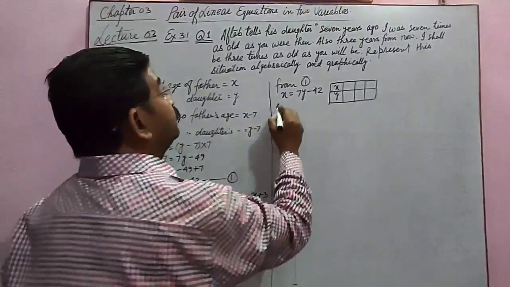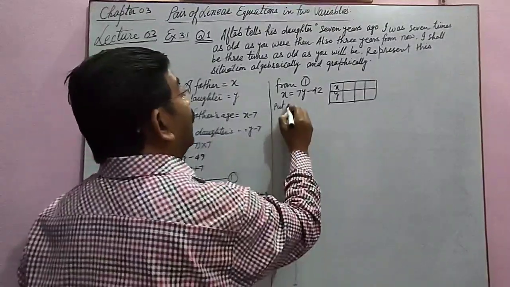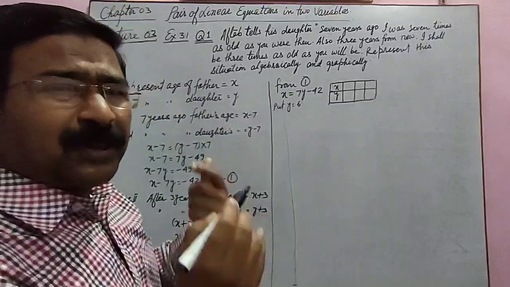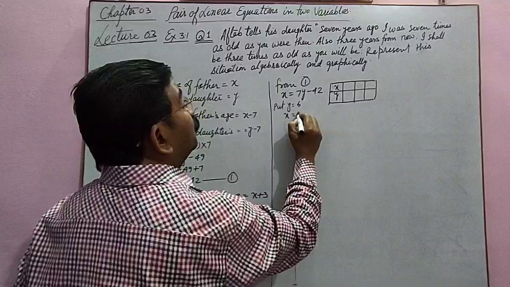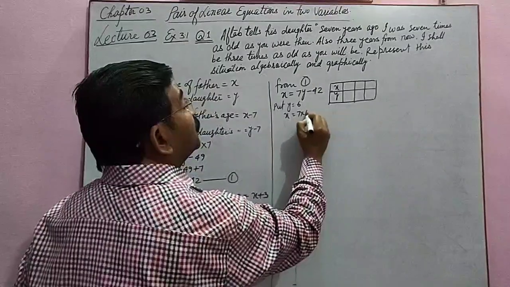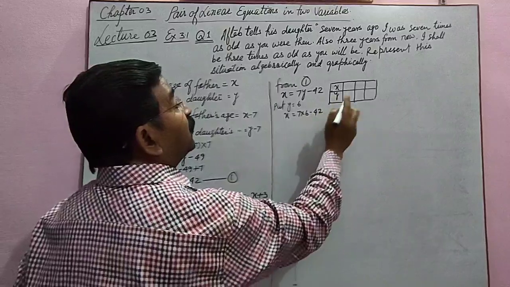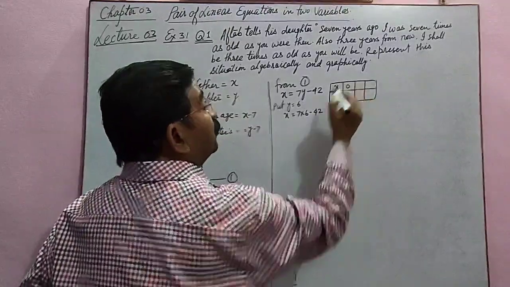Put y is equal to 6. You may choose any one. So x is equal to 7 into 6 minus 42. 7 sixes are 42, minus 42 is 0. So when y is equal to 6, x is equal to 0.